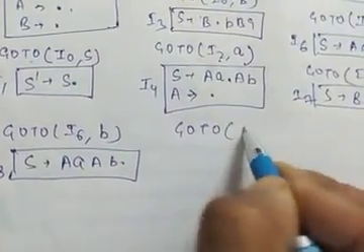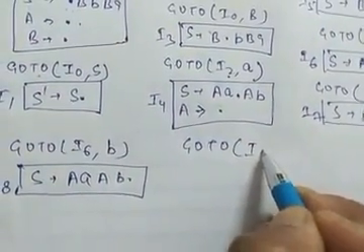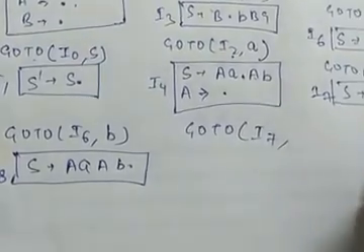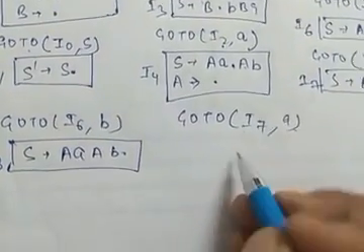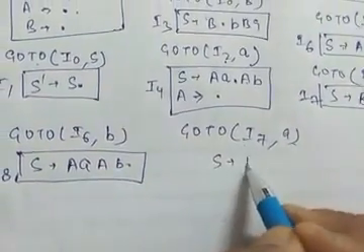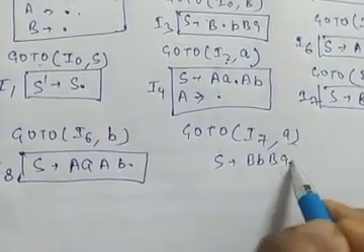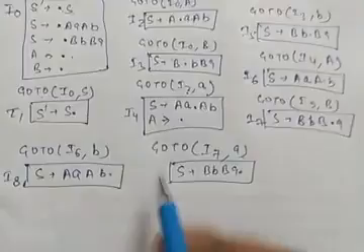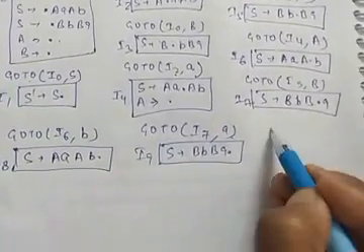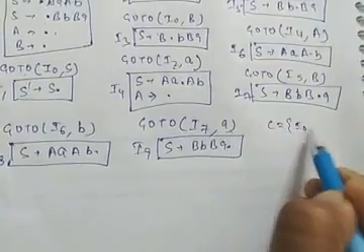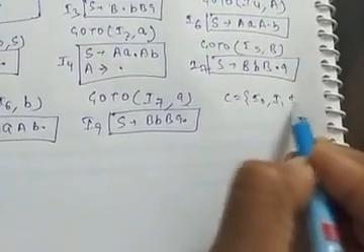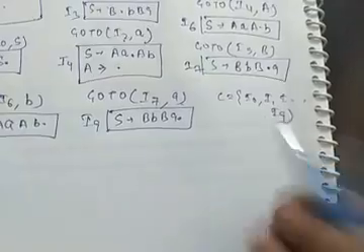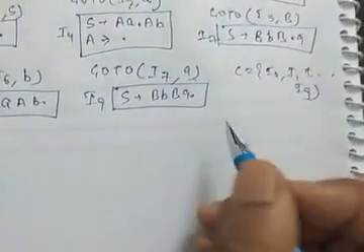Next goto I7, and here is A. We will find goto I7 of A, and it will be B B A dot. So this is your set of items. Now we have 9 canonical sets of items, from I0 to I8, and we can make their DFA.